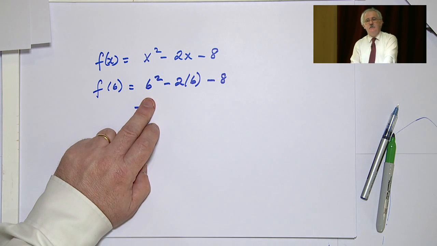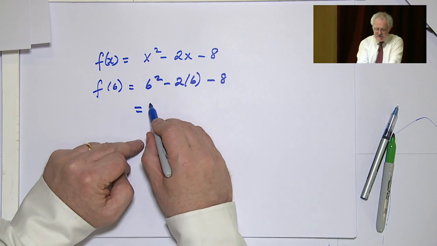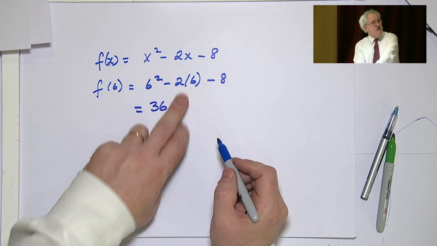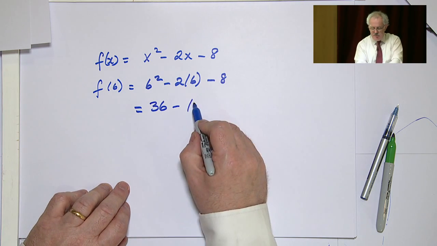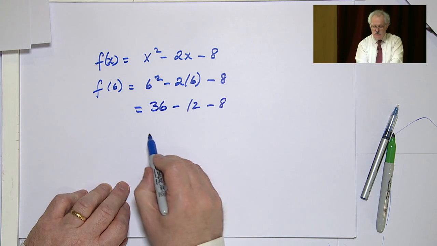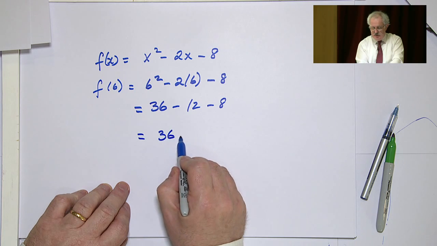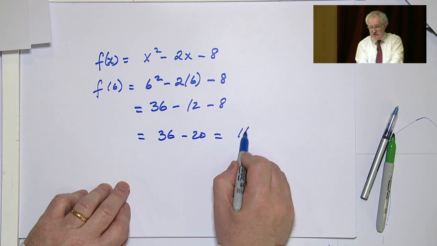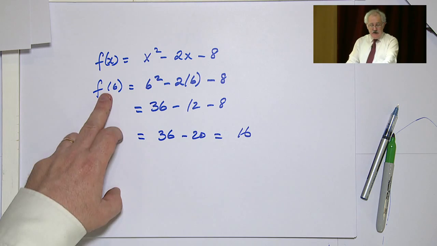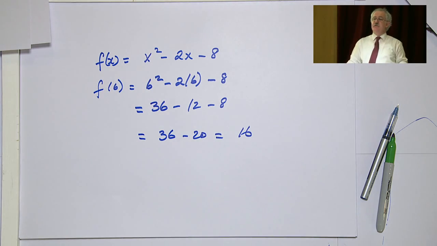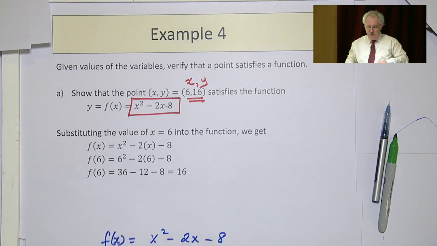What's 6 squared? 36. Minus 2 times 6? 12. Minus 8? It looks like 36 minus 20 is 16. It looks like (6, 16) is on the graph, doesn't it?